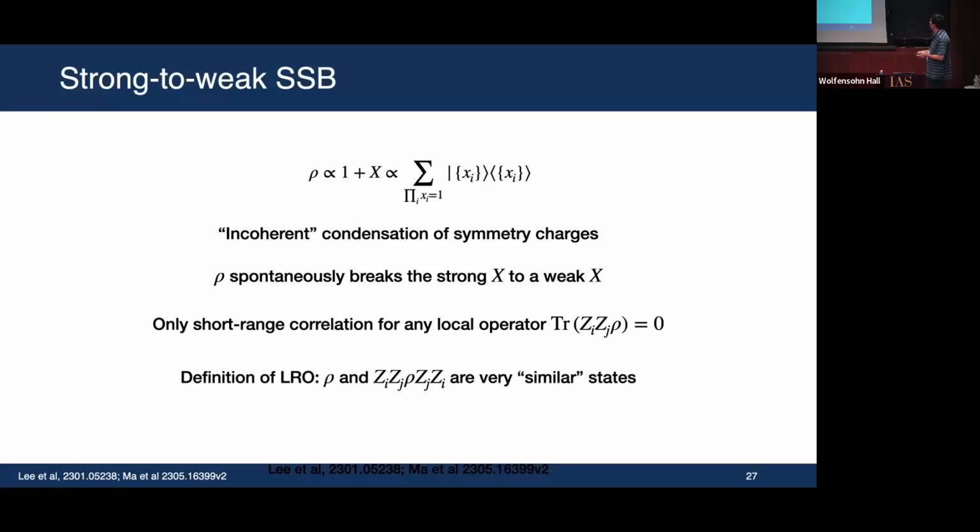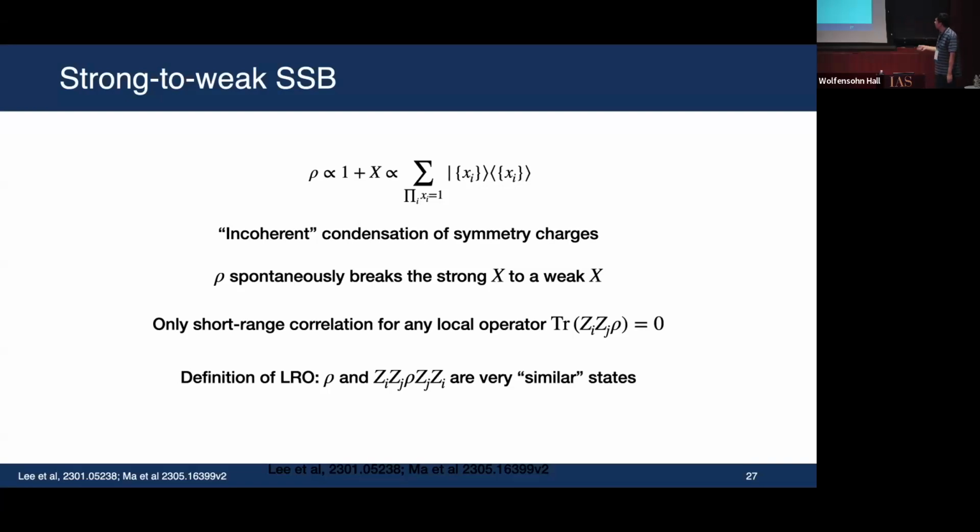I guess I'm jumping ahead, but in order to really define the long-range order in this state, there's something going on in this state to capture this incoherent condensation. One way to formalize it is to think about how similar the state is with another state obtained by inserting 2 charges somewhere.